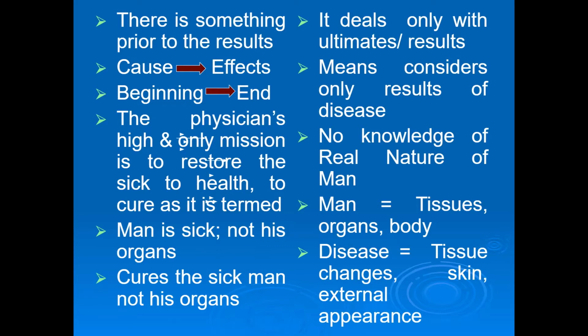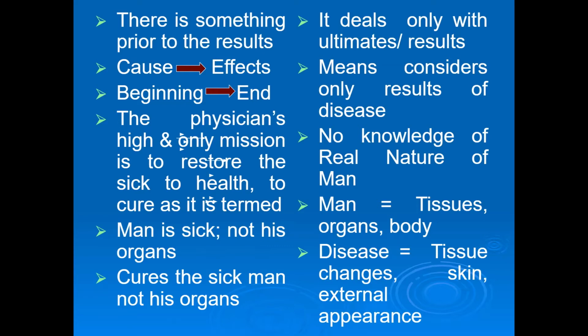What is visible on the skin is a disease. They will not consider why the disease is seen on the surface, and whatever is visible is the result of the disease. Whatever is organ pathology is the effect or the end product or the ultimate of disease.